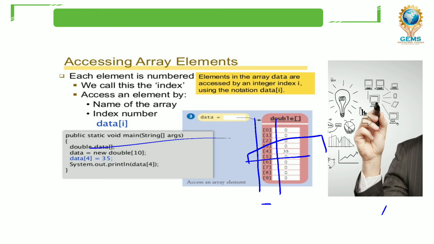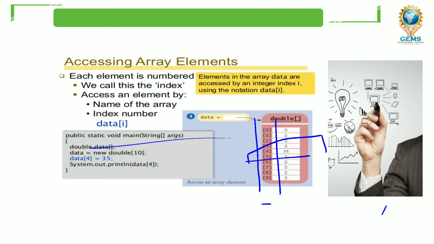Why are you accessing array elements? To do some operations. What kind of operations? It may be removal, deletion, push, pop, or swap. All these kinds of operations we can perform when we have access to that element.